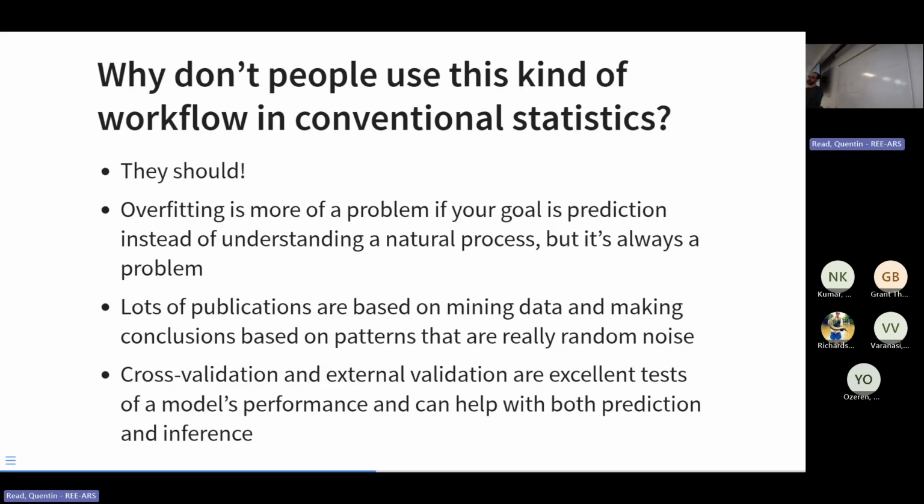So I think this focus on prediction performance has trickled back to the world of statistics, and more people are starting to do this. The stricter a test you can make a model pass and still give good predictions, the better, both for prediction and for inference, for understanding.